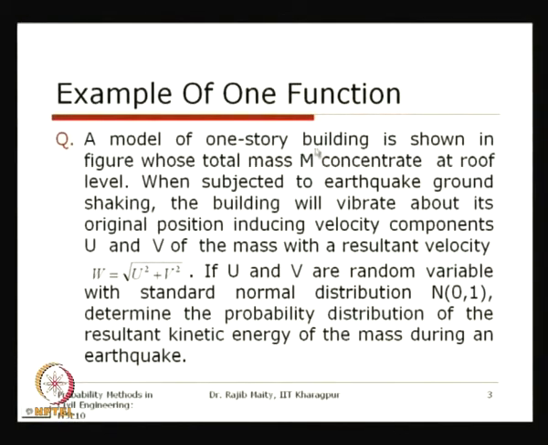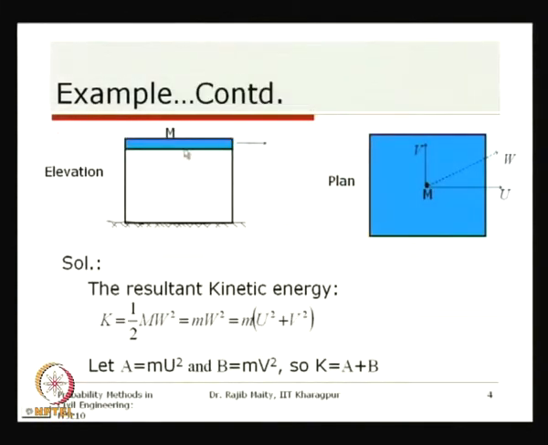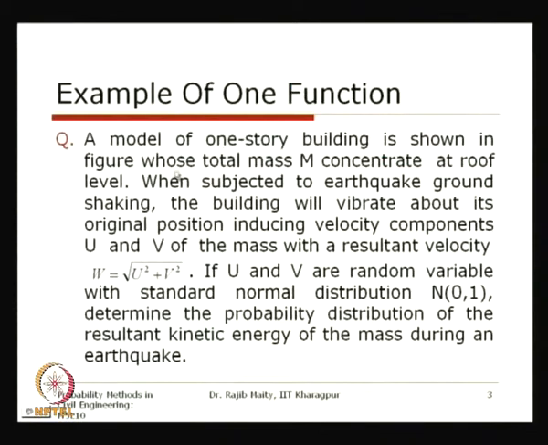The problem statement is that a model of a one-story building is shown in the figure. Let us see the figure first. This is a one-storied building, and as I was saying, the mass m is concentrated at its roof level.